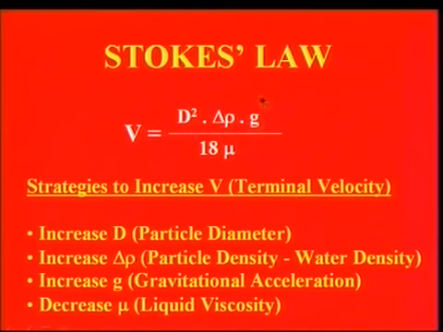We can increase the value of G by applying centrifugal force, which is what we are trying to do in a hydrocyclone. Or we can decrease the value of viscosity by, for example, raising the temperature. We can increase the size of the particle by agglomeration, which is what we try to do in sedimentation and dissolved air flotation clarifier.